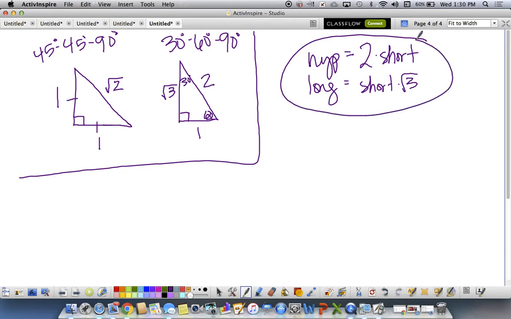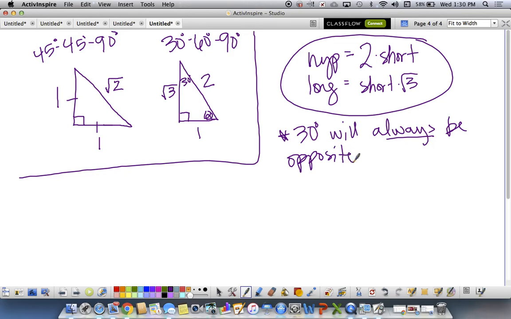And 30 degrees will always be opposite the short leg, no matter where it is.